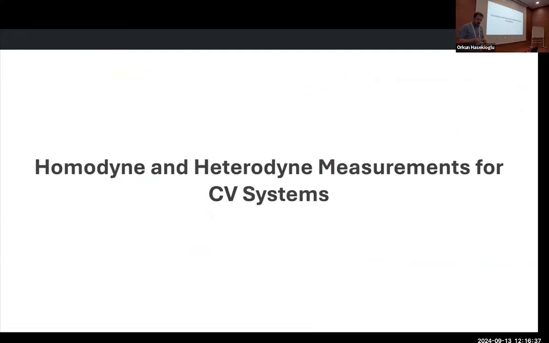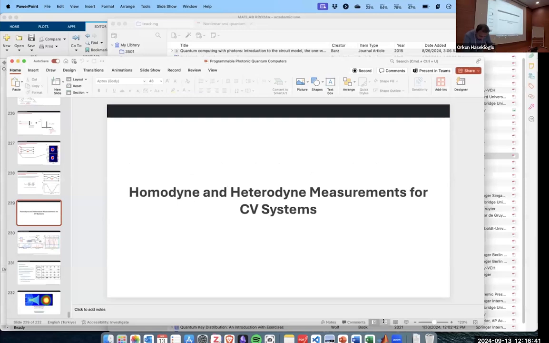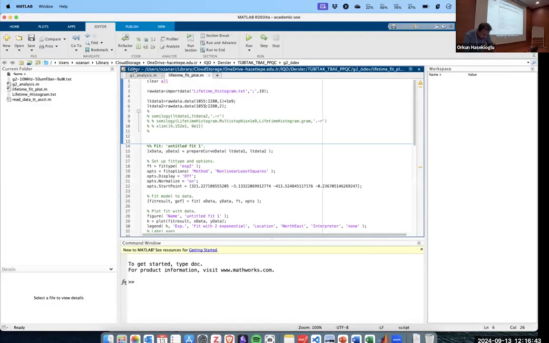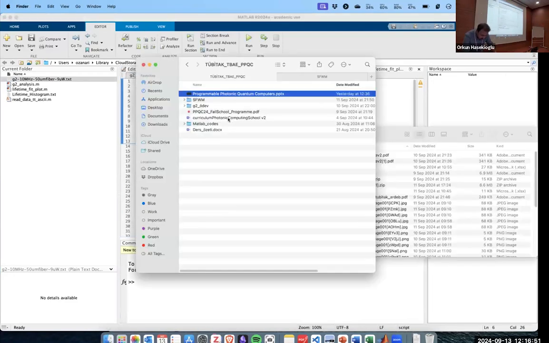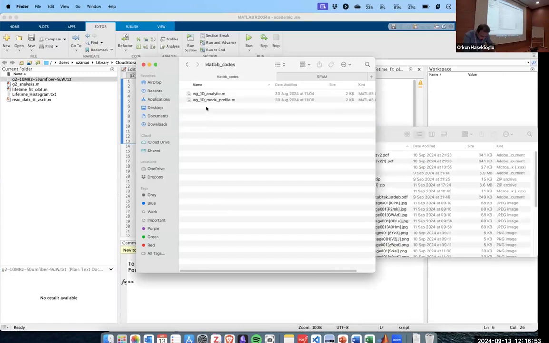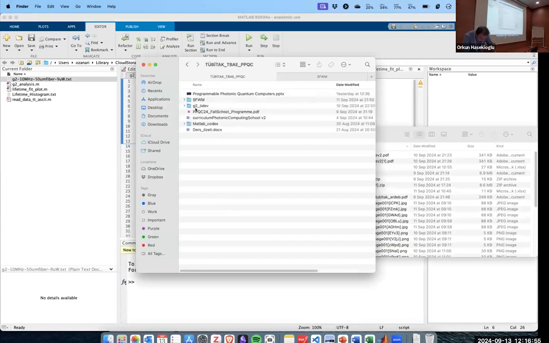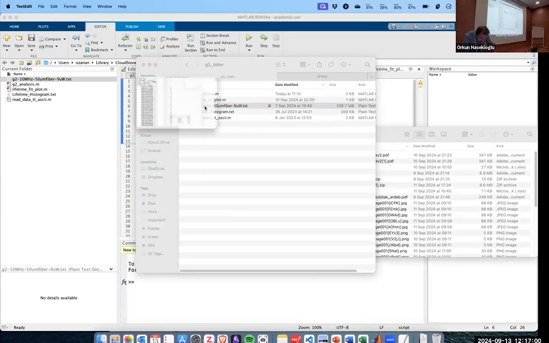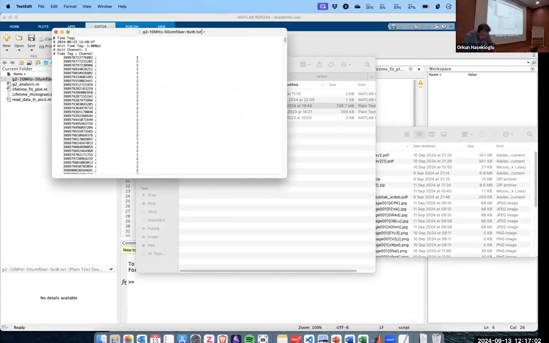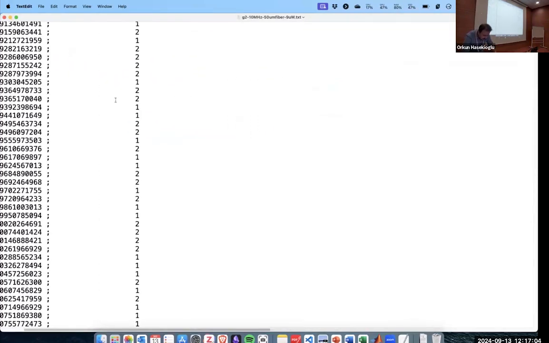So before that, let me show you some basic g2 photon correlation data. I don't know if I can zoom in.